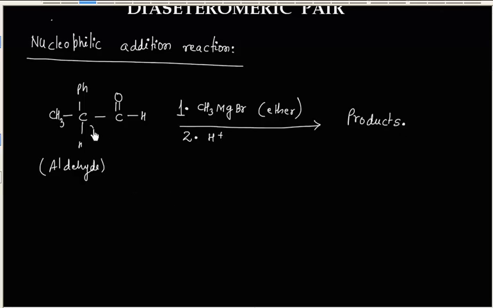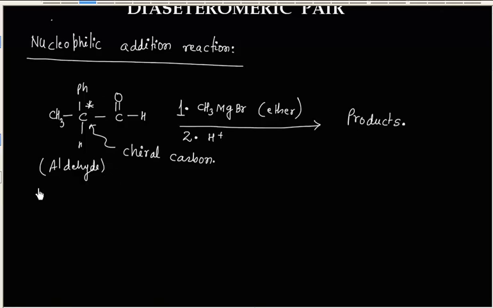Now if you see the reactant, it has a chiral carbon. So this carbon is chiral. So for reactant, there are two stereoisomers possible, and these two stereoisomers will be enantiomers.